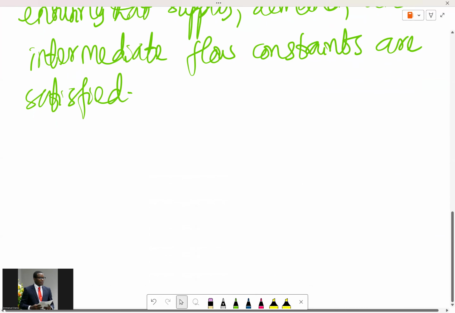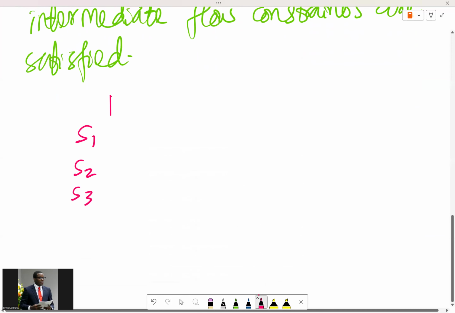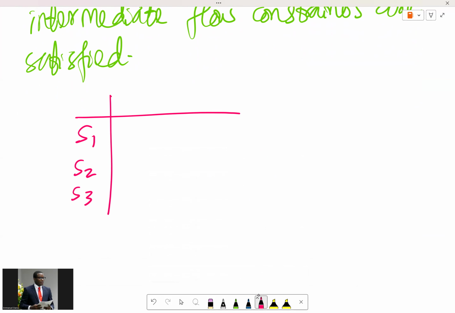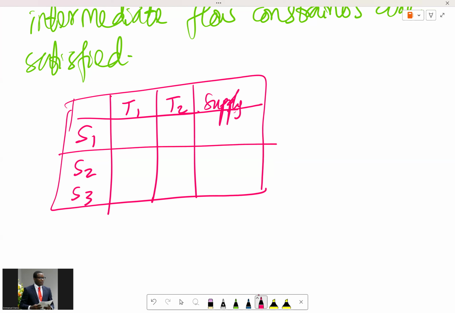So imagine that we have three suppliers, or you can also see them as sources. We have three suppliers, and we have two transshipment nodes, together with what the suppliers can supply. To move from supplier one to transshipment node one would cost $4.